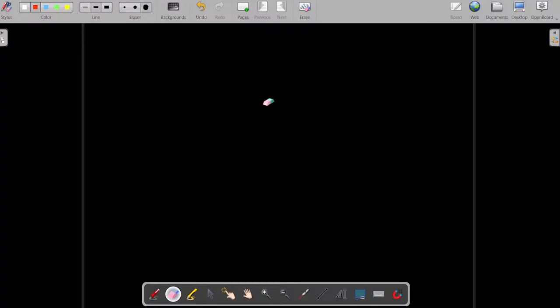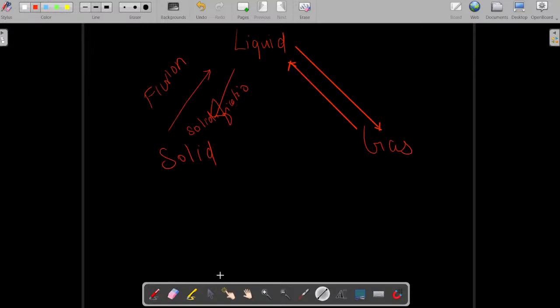Here, solid to liquid is known as fusion, and liquid to solid is known as solidification. Liquid to gas we know is vaporization, and gas to liquid is condensation.